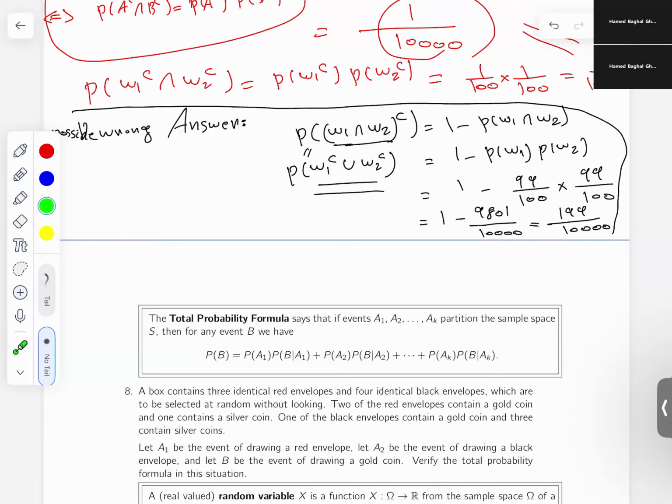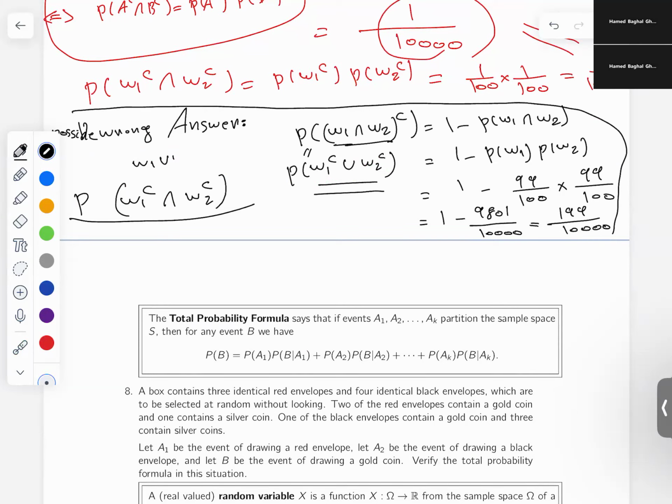Maybe let's say none of them means not working and not working. Let's stick with this one. And this one is easy. But if you interpret this one as none of them working, take both of them and complementary both. The same.